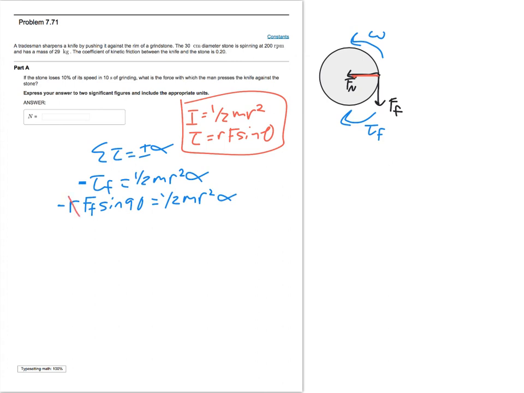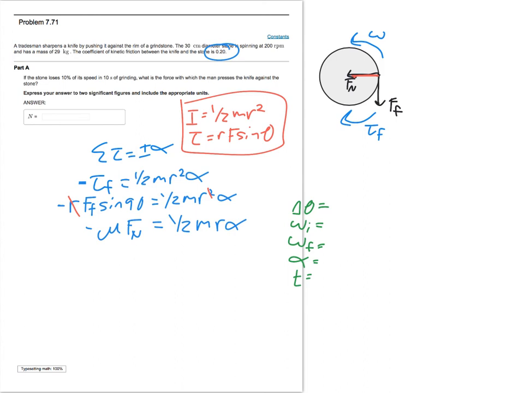One of those r's cancels out, and I can also substitute in mu Fn. I know that my coefficient of friction is 0.2, so I'm going to make that substitution here. So this left side is just going to be mu Fn because sine of 90 is 1 and the r canceled out. And that's going to be equal to 1/2 mr alpha.